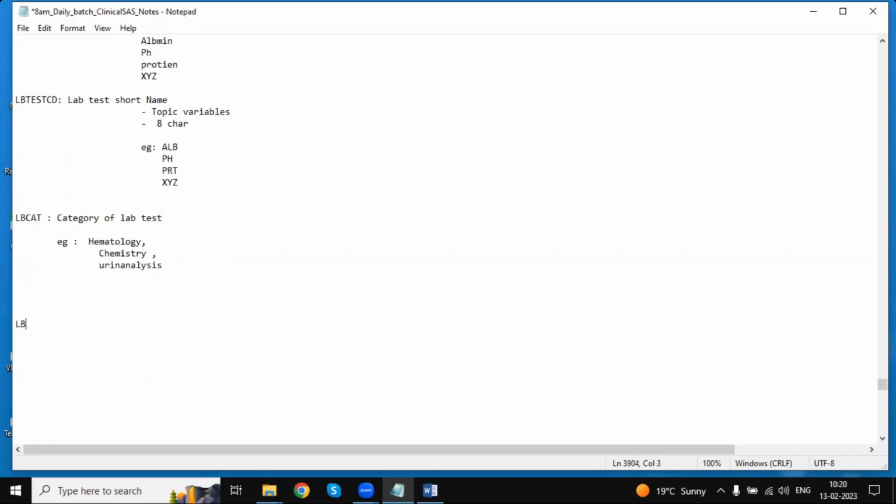And if you have some extra information, we'll put it into the subcategory variable. For example, you have data like this: some electrolytes, some liver functioning.